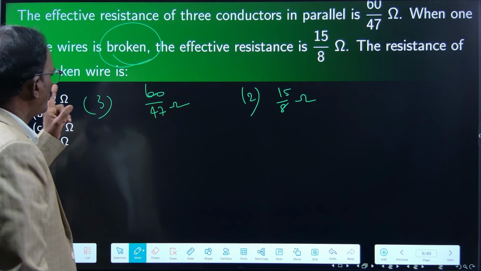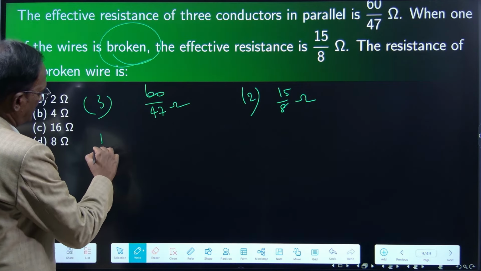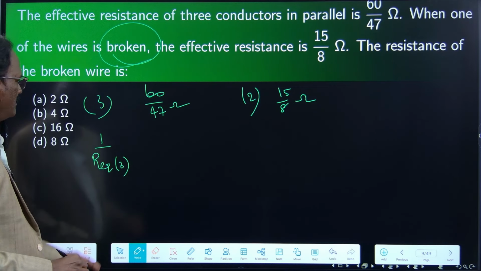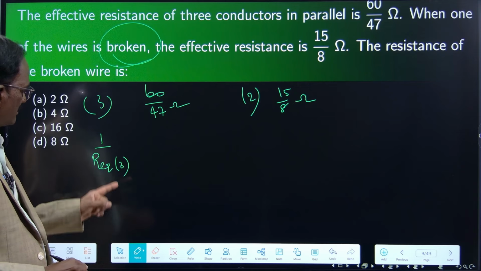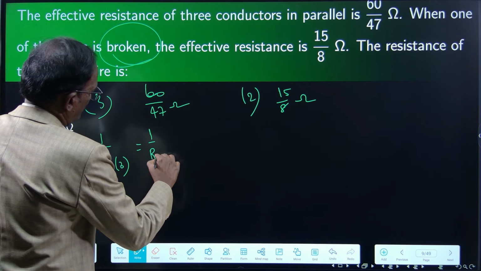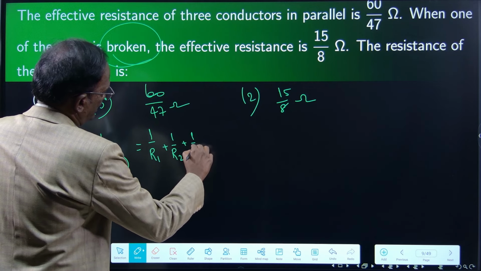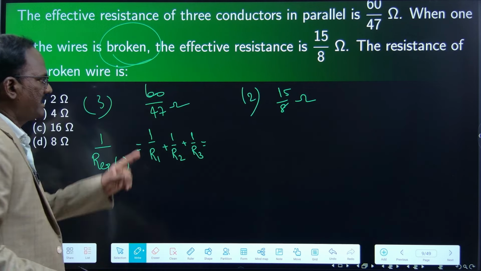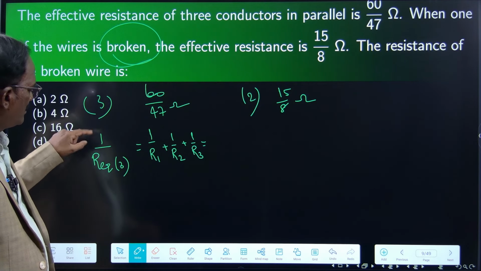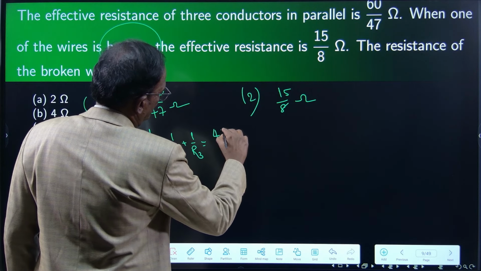The resistance of the broken wire is what? Yes. For 3 resistors, we will find the R equivalent: 1 by R1 plus 1 by R2 plus 1 by R3. The equivalent value is 60 by 47, but we are taking the reciprocal, 1 by R equivalent. So I must write 47 by 60.